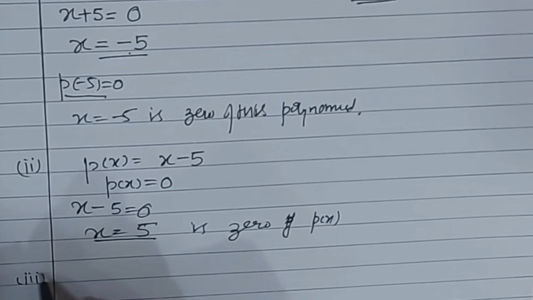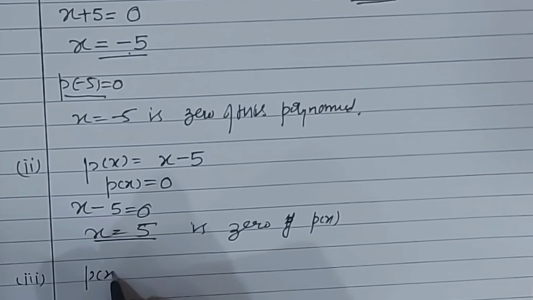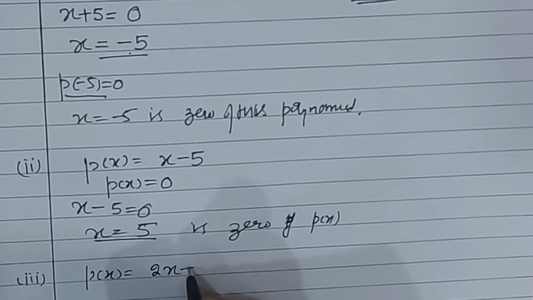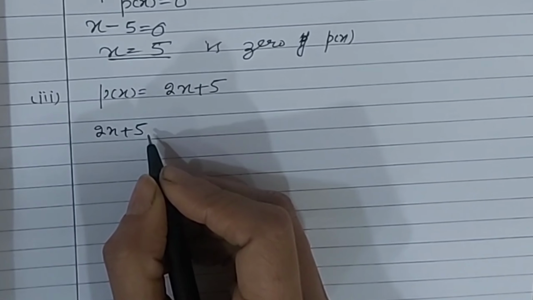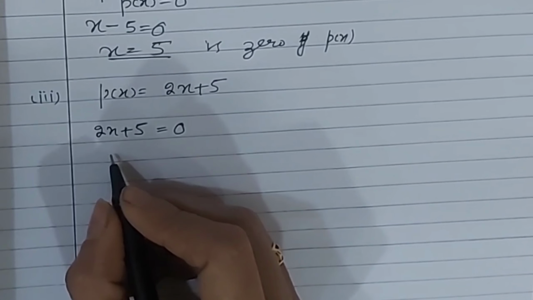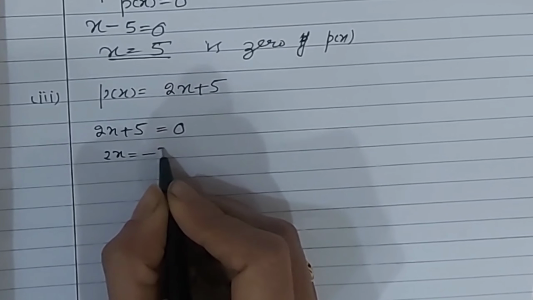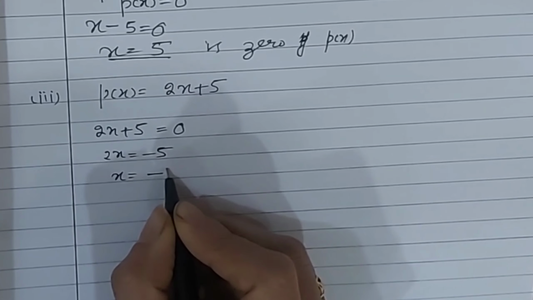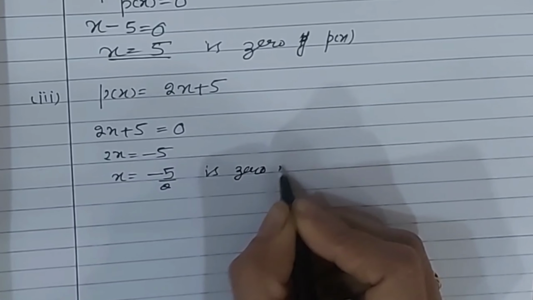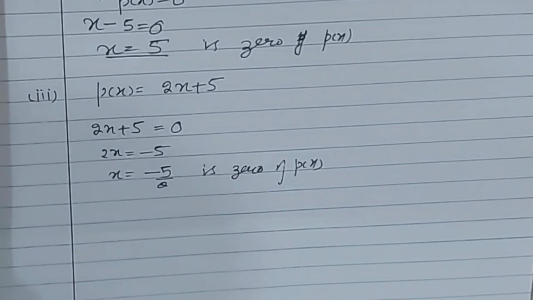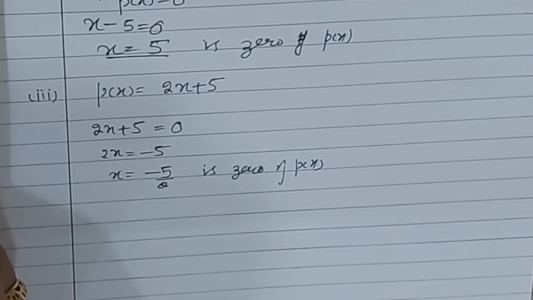Next we have the third part. P(x) is equal to 2x plus 5. Again now we'll find the value of x like this. Same procedure. 2x is equal to minus 5. x is equal to minus 5 by 2 is a 0 of P(x). So when it says find a 0, we have to find the value of x.